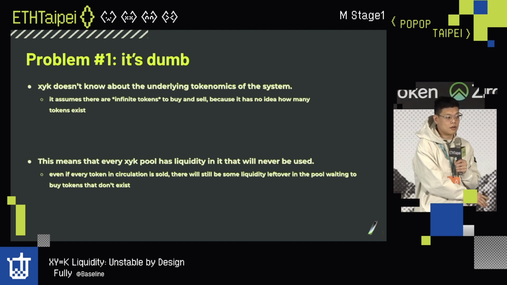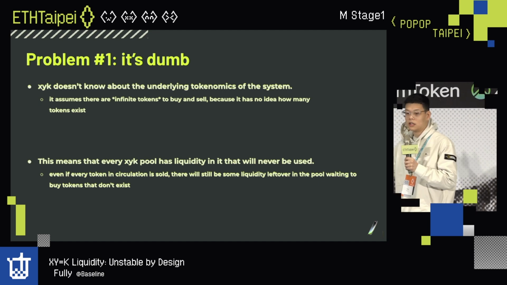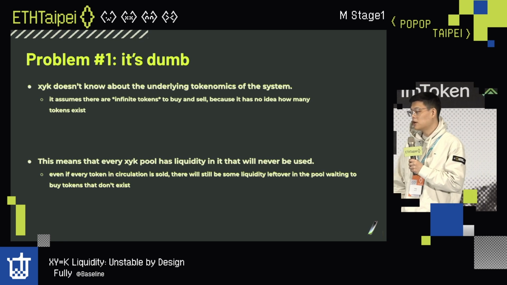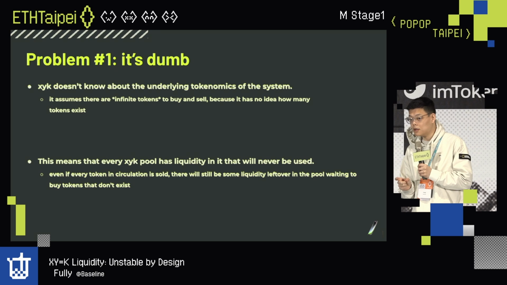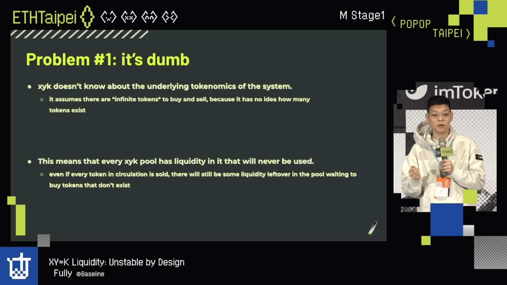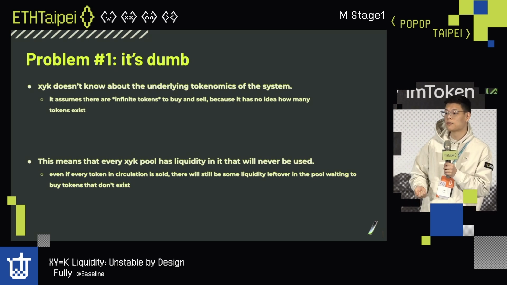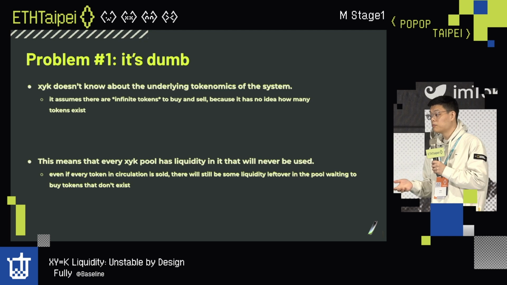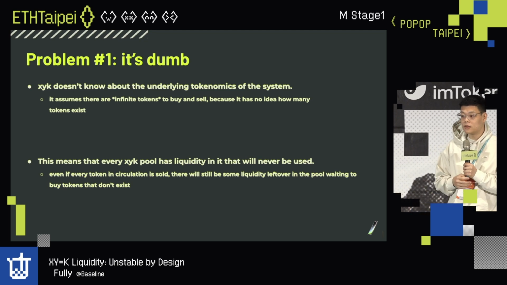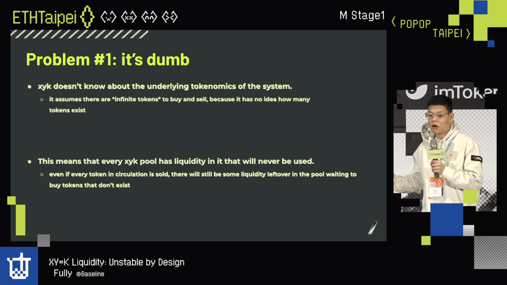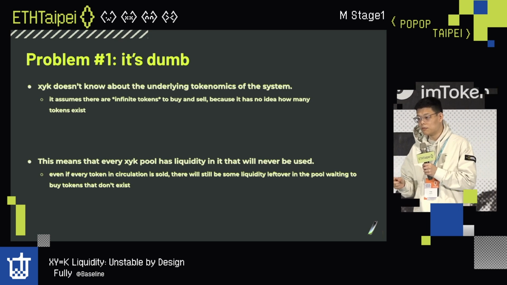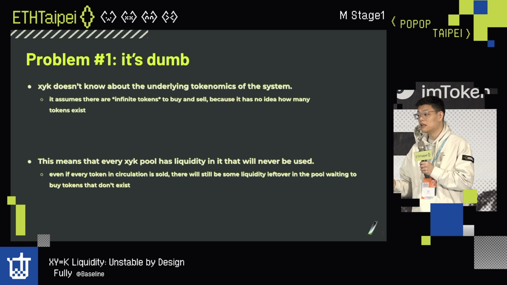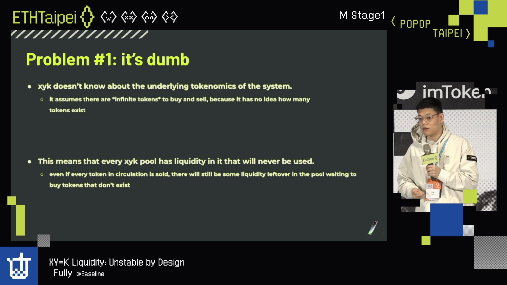Even if every single token is sold into one of these pools, you'll find that at the very end there's still some money left over in the pool, and that money belongs to nobody, so it's wasted. You see this with pump.fun coins. If you traded meme coins, even if all billion coins get sold, you'll see like 6-7 SOL left over in the pool for every single pump.fun coin that's deployed, and it's because of this curve.